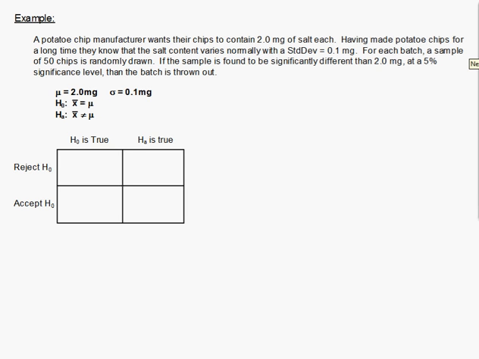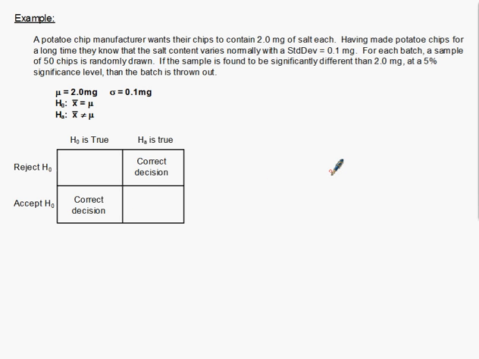So there are really four possible outcomes to being right or not. Two of them are correct. We can reject the null hypothesis when we should reject it, meaning that the alternate hypothesis is true. That's a correct decision. And if we accept the null hypothesis when it's actually true, that's also a correct decision.